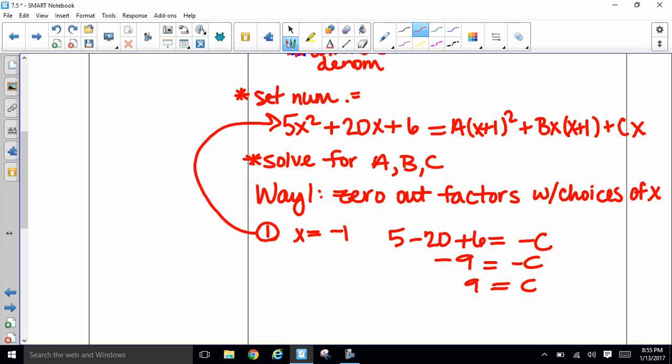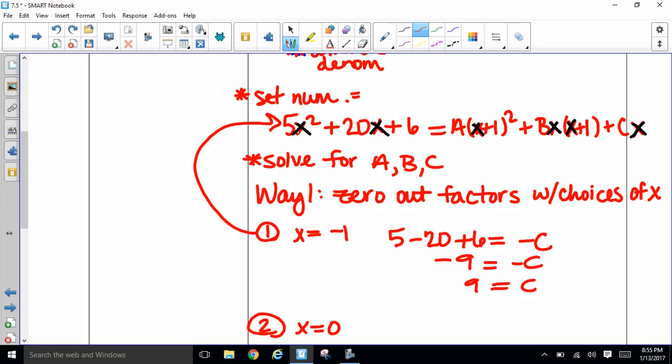Okay. So you're going back through and you're going to replace every x you see with the x that you have selected. And the smart ones to select are ones that will zero out the factors you're seeing on the right-hand side. So then when I go to do this again, I zeroed out the x plus 1. I also have a factor of x. I could zero it out, so I could let x equal 0.